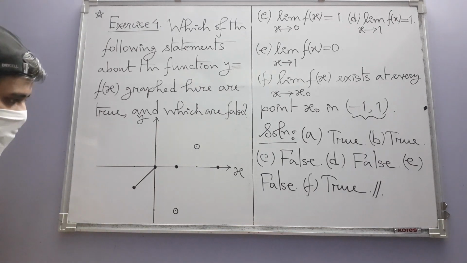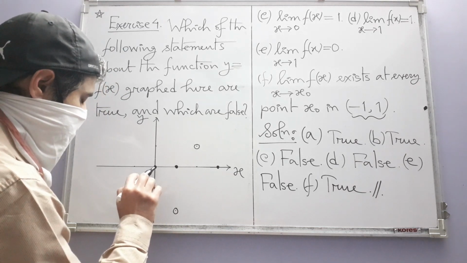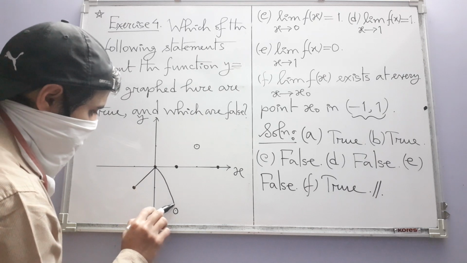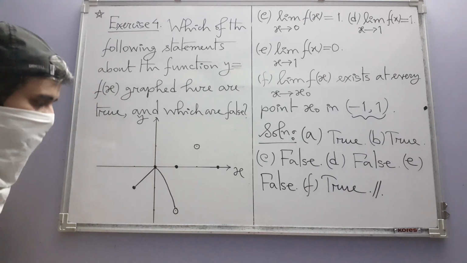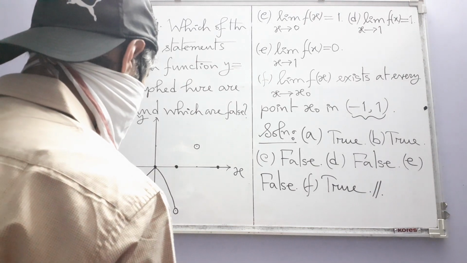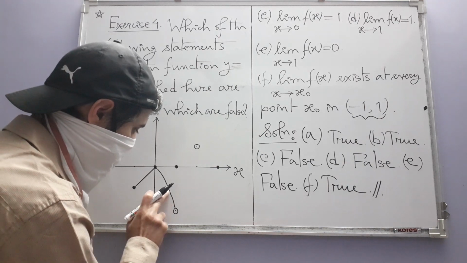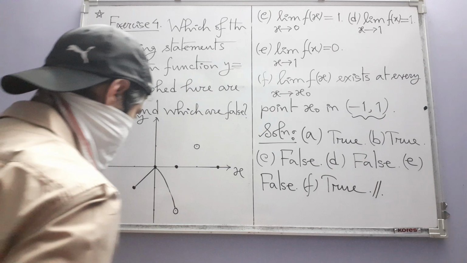Okay, so on this part, the graph dips like this. It never quite reaches this point, but it keeps on going towards it without any end. My free hand is so bad.